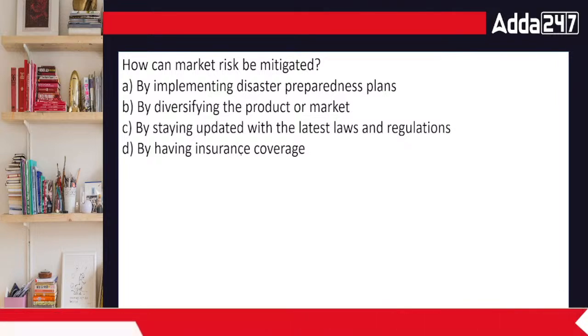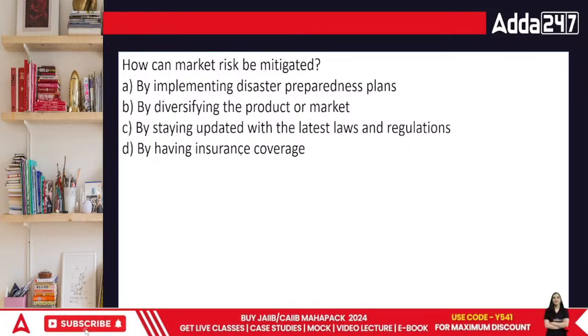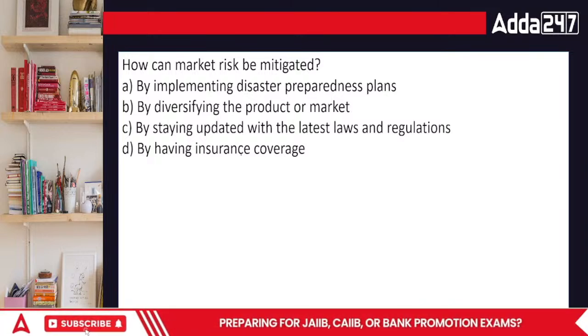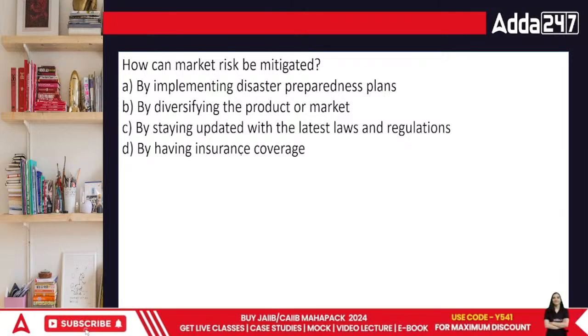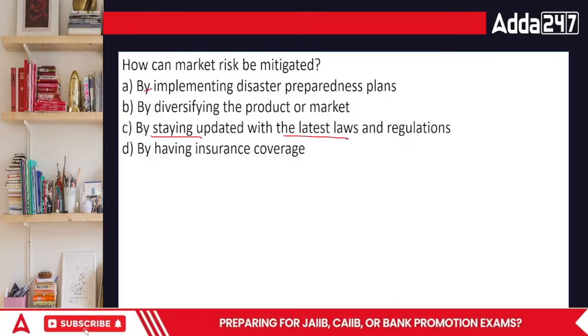How can market risk be mitigated? By implementing disaster prepared plans, by diversifying the product or marketplace, by staying updated with the latest laws and regulations, by having insurance coverage.